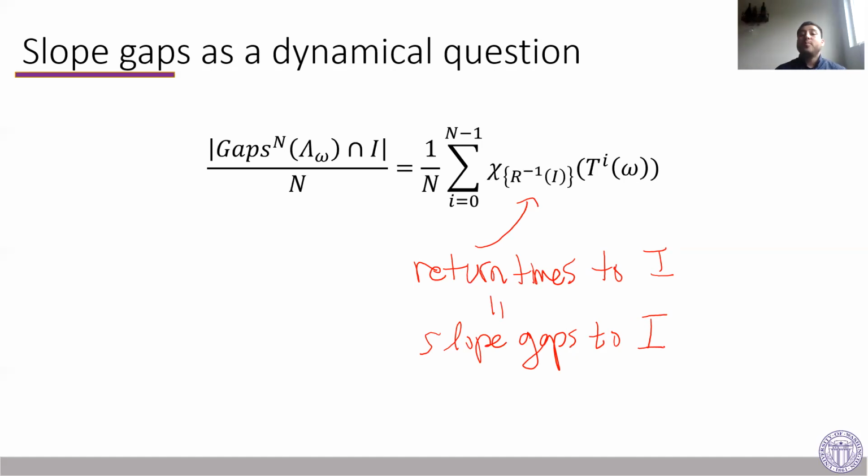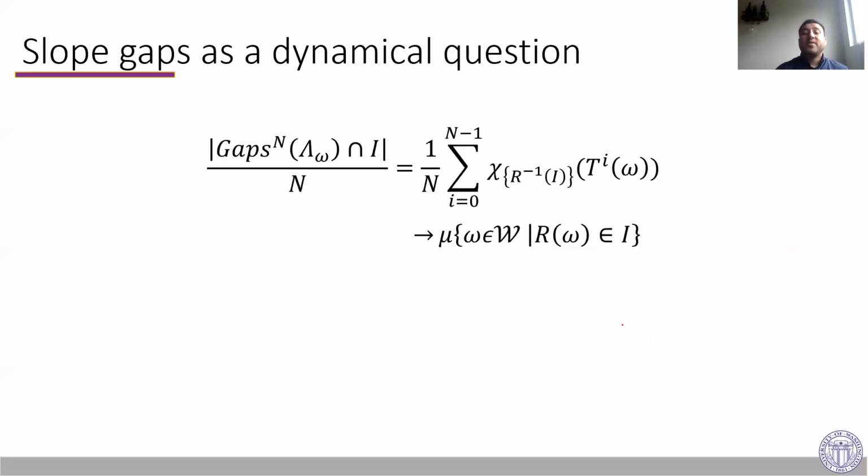And now the big deal here is that this right here is a Birkhoff sum, which means now we're able to use techniques from ergodic theory to try to understand it. In particular, if omega is a mu generic point in the transversal, then this is going to converge to just the integral of this function, right?